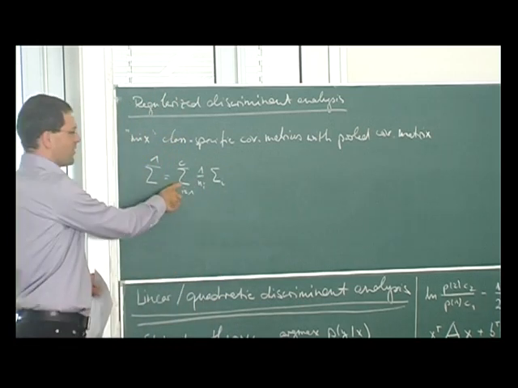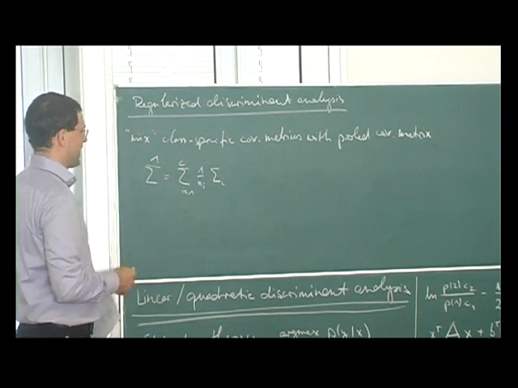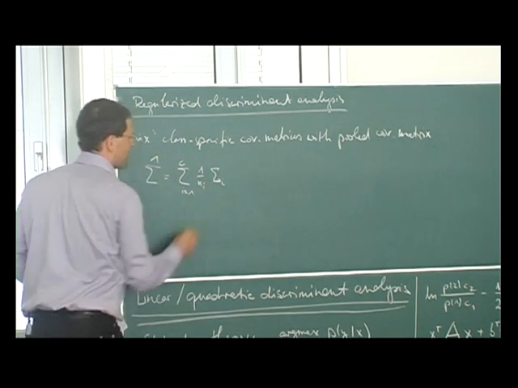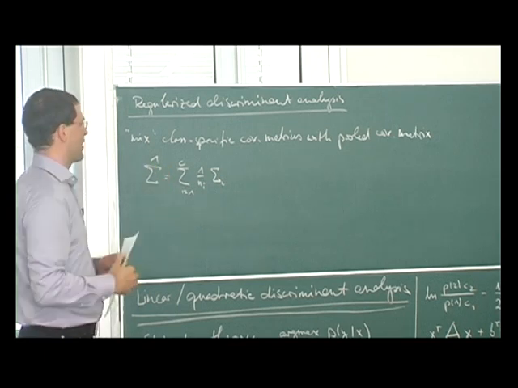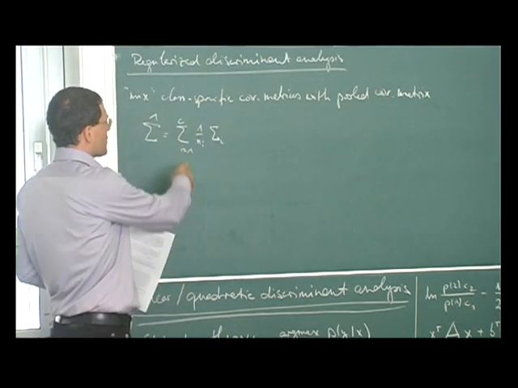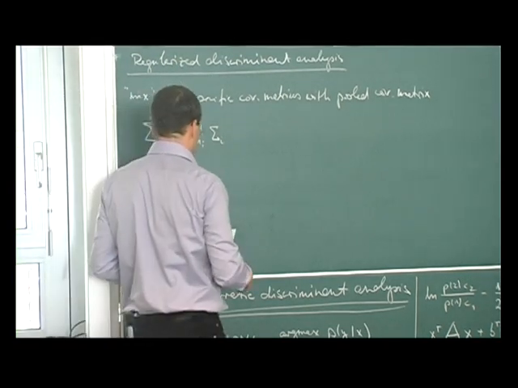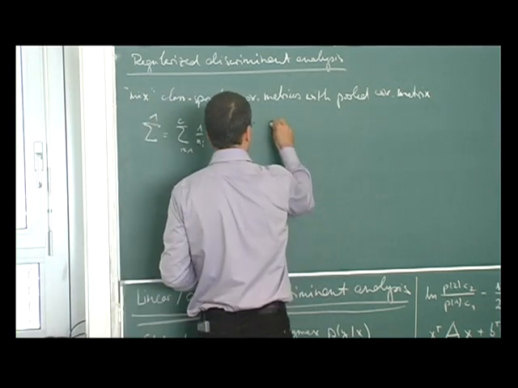So now this is a summation sign, and this is a sigma. So this is the pooled covariance matrix.